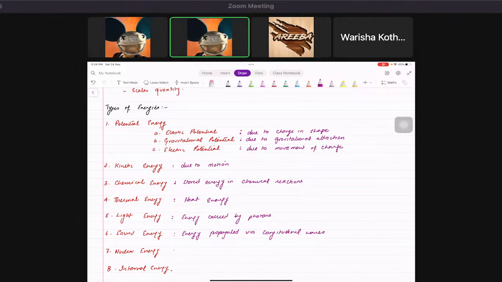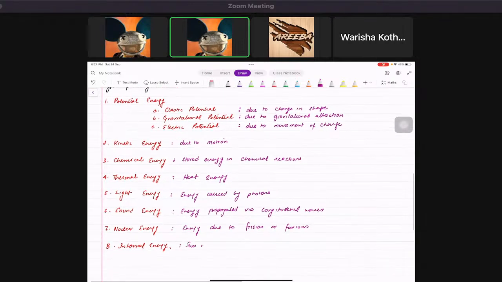Then nuclear energy is energy due to fission or fusion reactions, right? And internal energy is the sum of potential and kinetic energy of a body. So these are some of the energies that you might need to know.